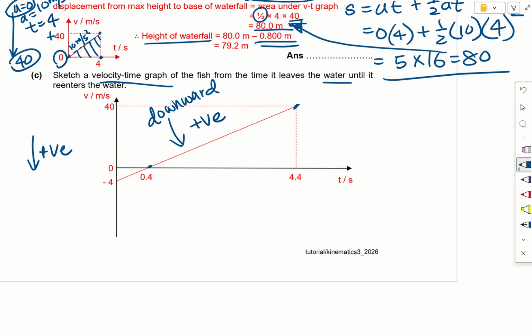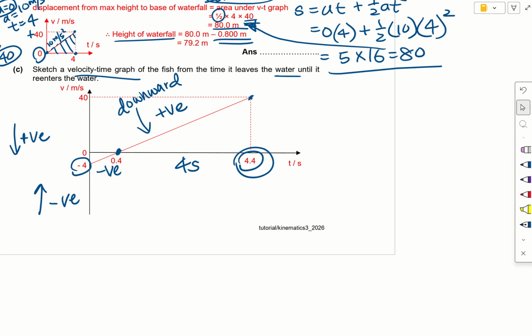This part is negative, because it's negative velocity and negative displacement. So this part is where the fish goes up. So 0.4, and finally, how long does it take to reach a speed of 40 meters per second? It is 4 seconds. So 0.4 and 4.4.